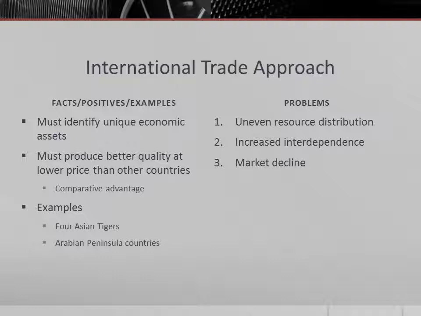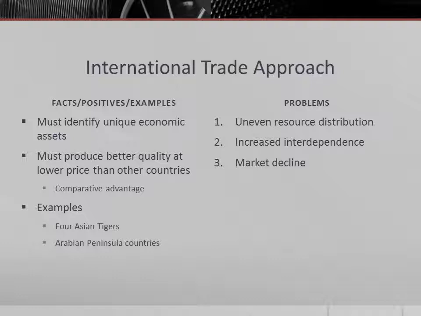In addition to this, it's also more susceptible to market decline. What we saw in the late 2000s, roughly 2008, they called it the first global recession. Why? Because so many countries were dependent on one another.